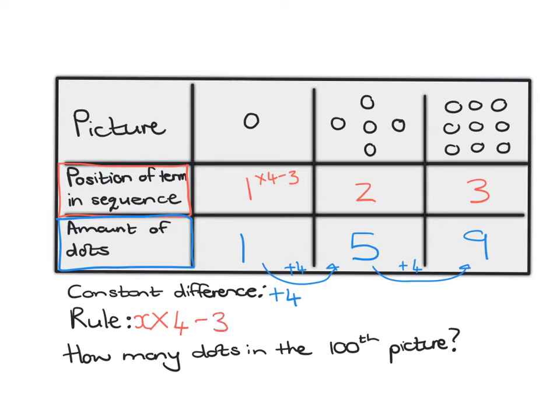And that's worked for number 1. That's not enough. I need to check again. 2 times 4 is 8. And if I minus 3 from 8, I get 5. That worked. If it worked for 2 in a row, it'll work. Then you can check again your next one if you want. So that will give me y, which is the output number.